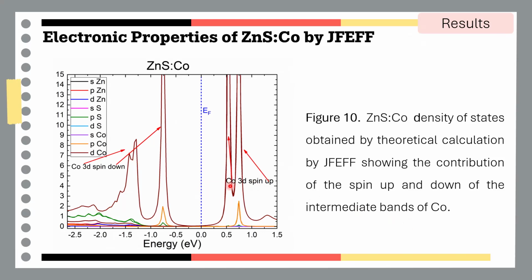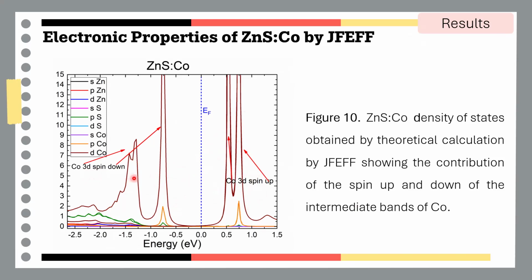The spin down states are located at energies closer to the upper edge of the valence band, and on the other hand, the states of the spin up appear displaced toward higher energies, and two well-defined contributions are found, attributable to the 3D orbitals of cobalt.